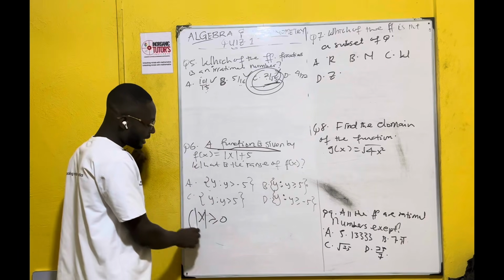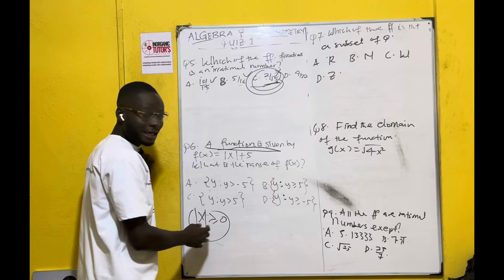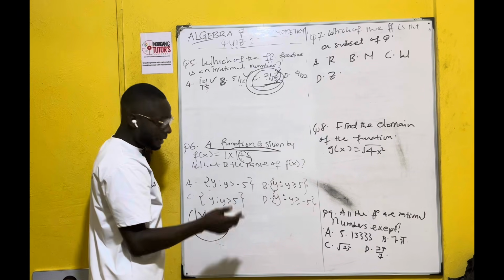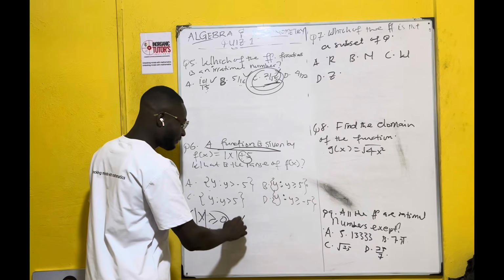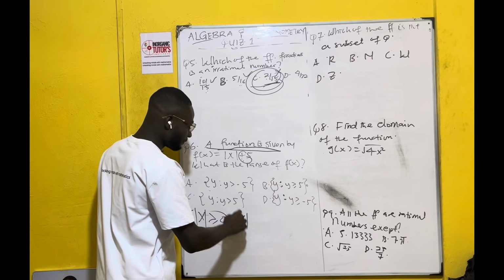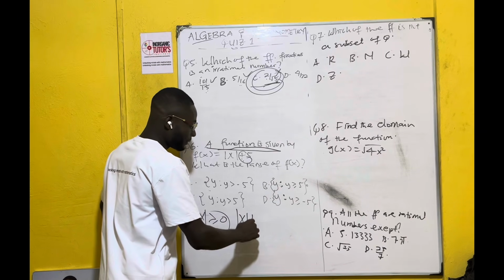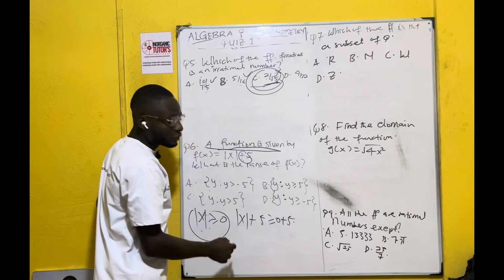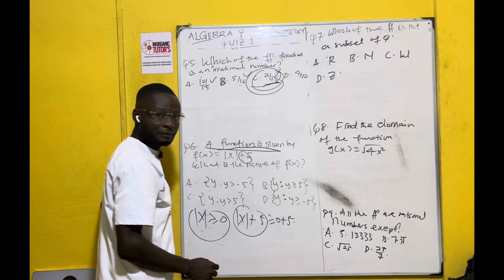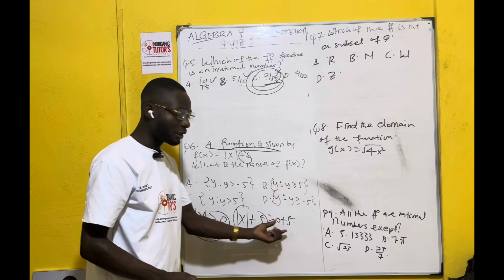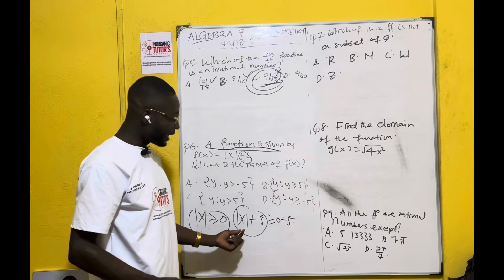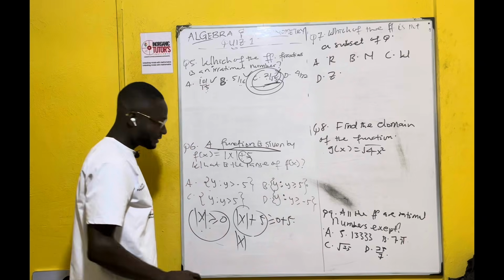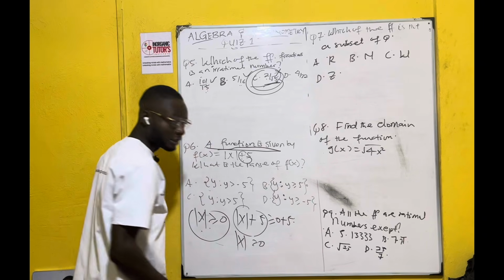So if that is the case, let's add 5 to both sides, because there is 5 here. If you add 5 to both sides, you are going to have absolute value of x plus 5 greater than or equal to 0 plus 5. So if you solve for this, you are going to have absolute value of x greater than or equal to 0.